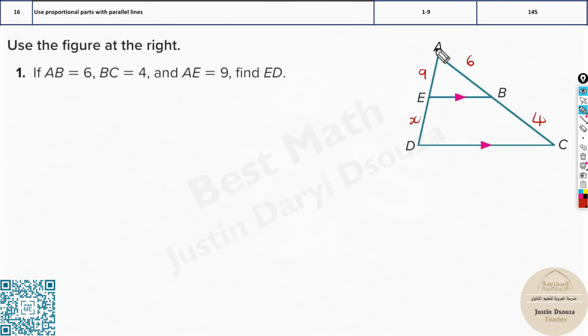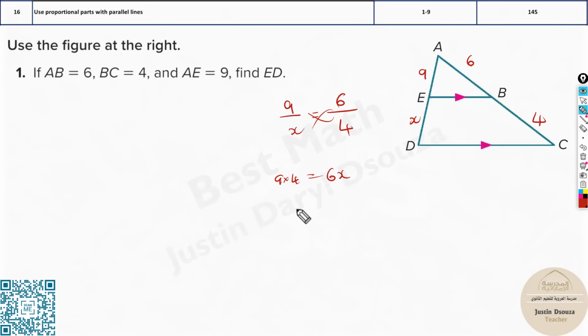So here if I consider AE, that is 9, divided by the other side x, that will be equal to, first I consider only the top triangle, right? So this is AB, that is 6, by only the bottom one, 4. You just put it in the calculator and you get the answer for ED. Cross multiply: it'll be 9 times 4 equal to 6 times x.